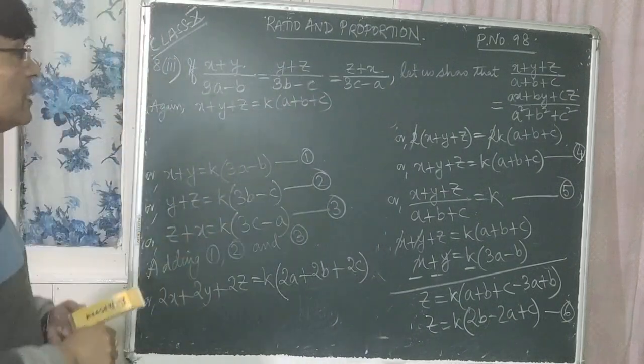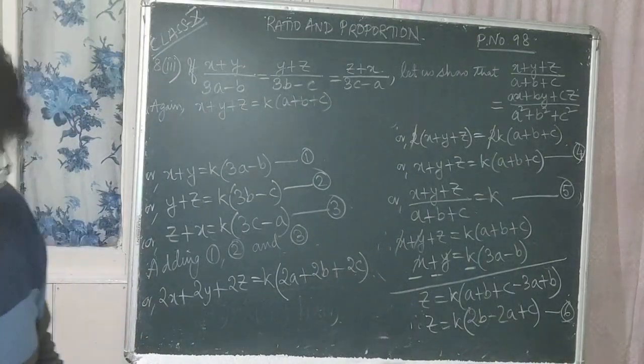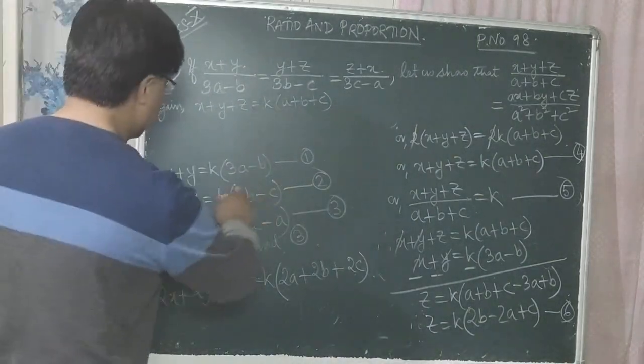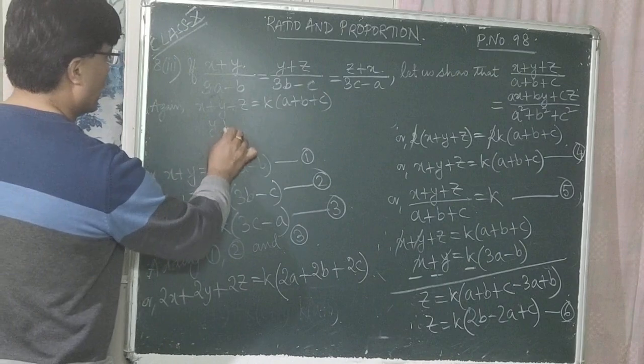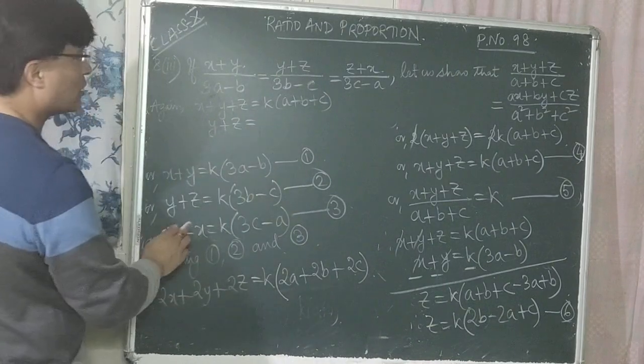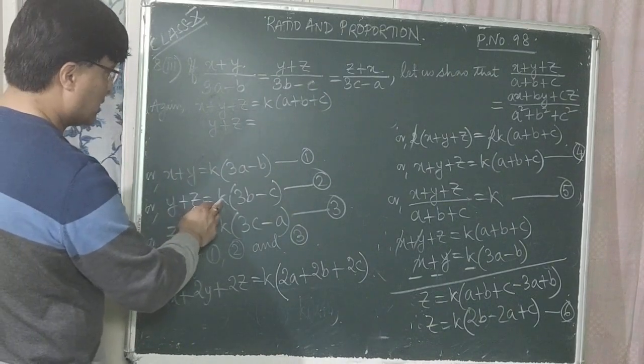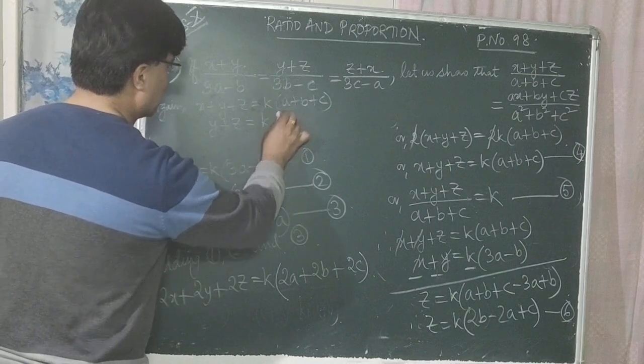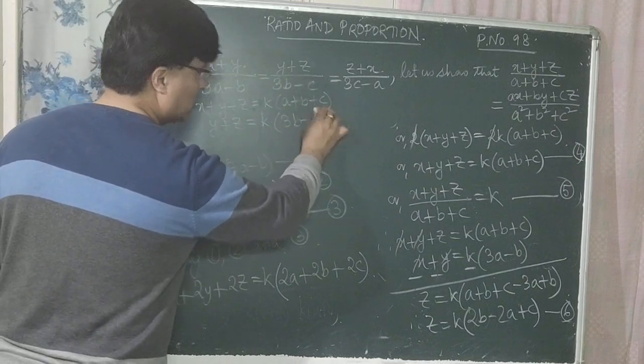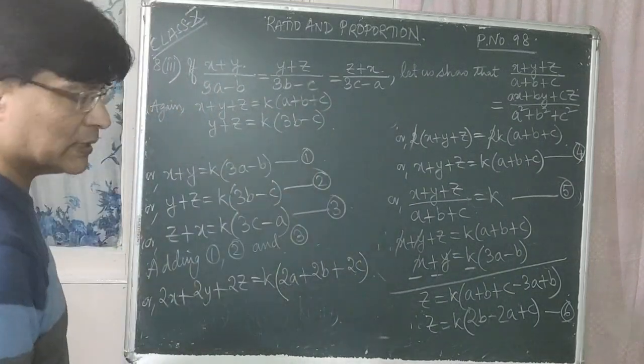From here, let us subtract this number 2, that is y plus z is equal to k into 3b minus c.